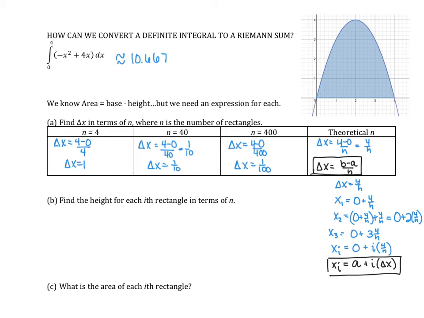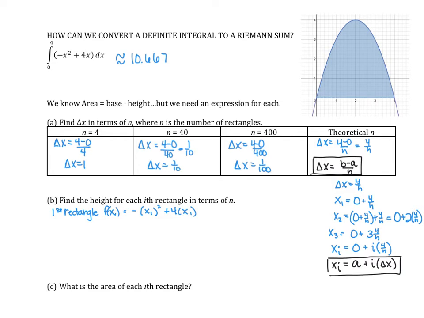Okay, so let's find the height for our particular rectangle. Well, just so you can see the pattern, our first rectangle, which is f of x1, the height of it, well, we know we get the height by plugging in the x value. So we get the height by plugging in x1.